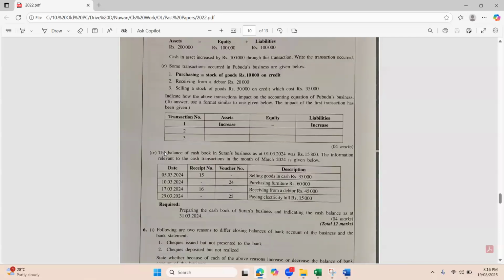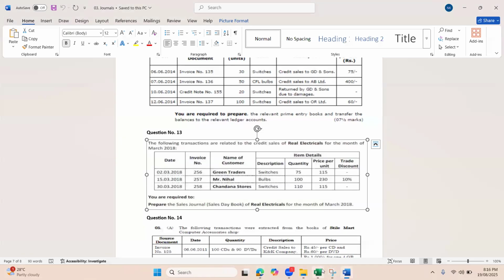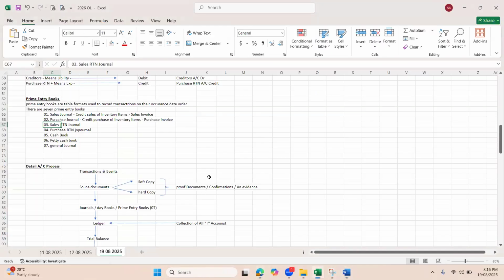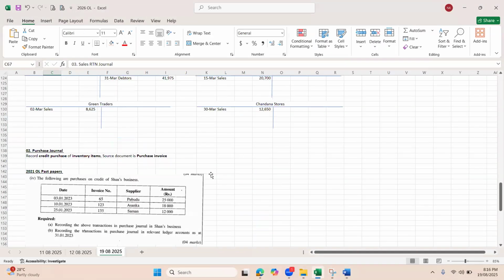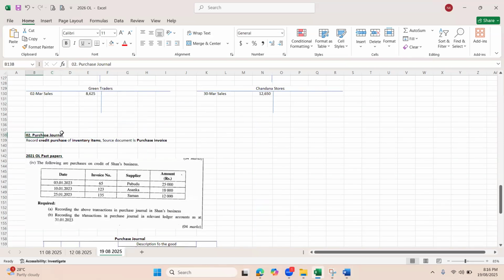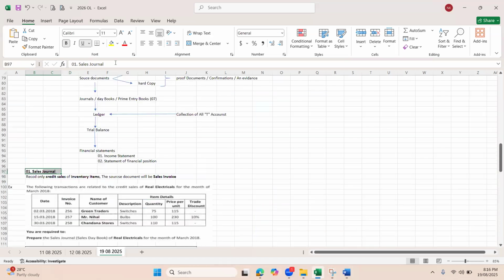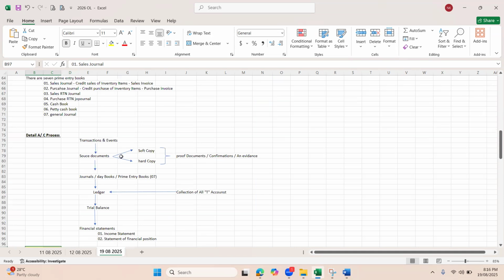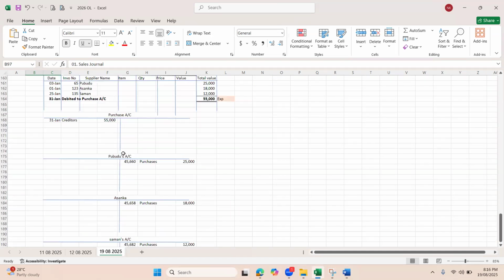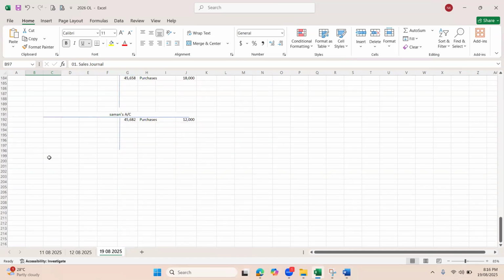Right, we'll prepare a cash book. So we learn the next journal, that is the cash book, number 3. The third journal we learn is the cash book.